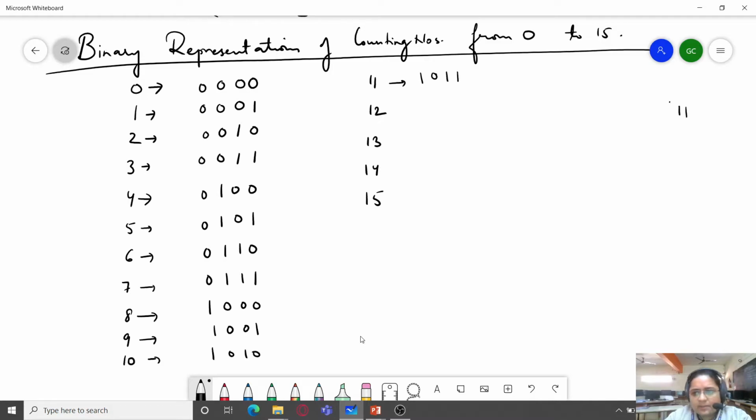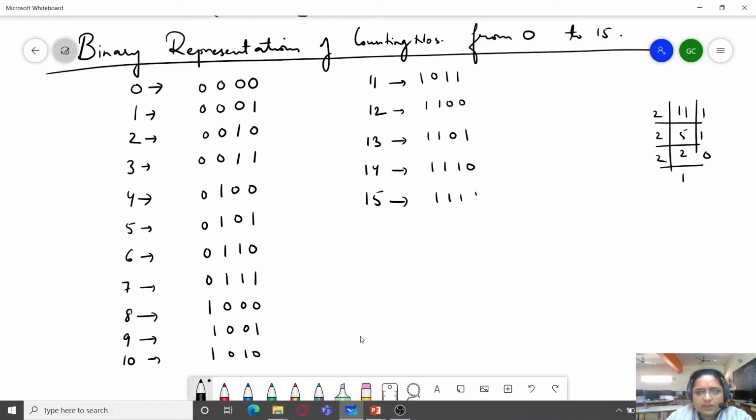I'll just confirm it once. Yes. 12 is 1100. 13 is 1101. 14 is 1110, and 15 is 1111.